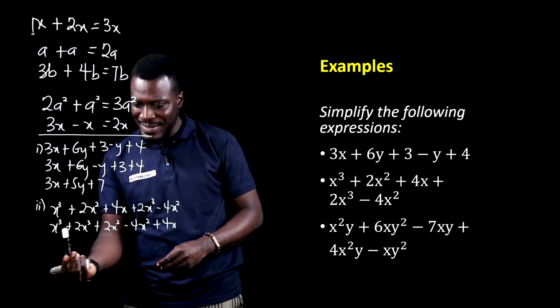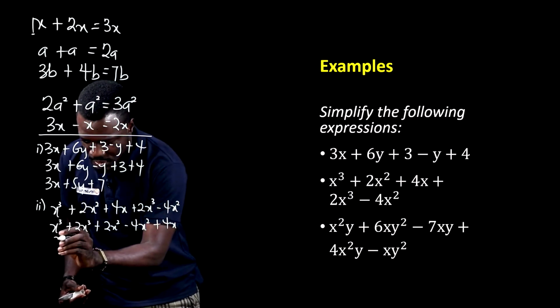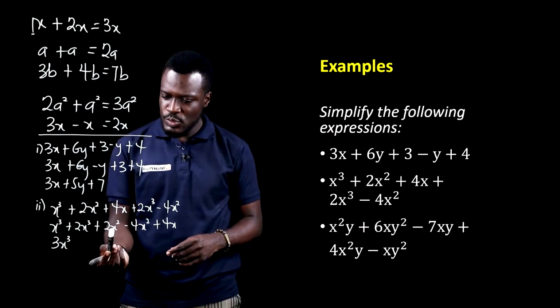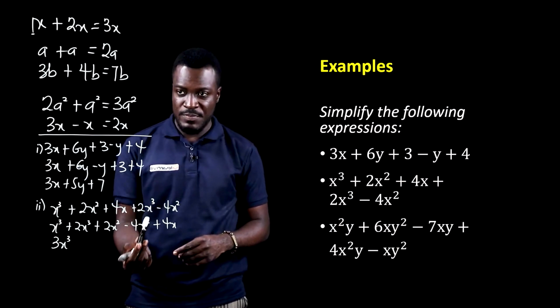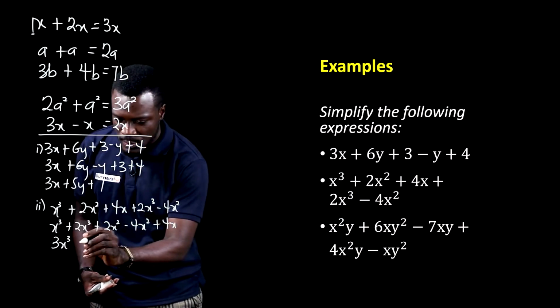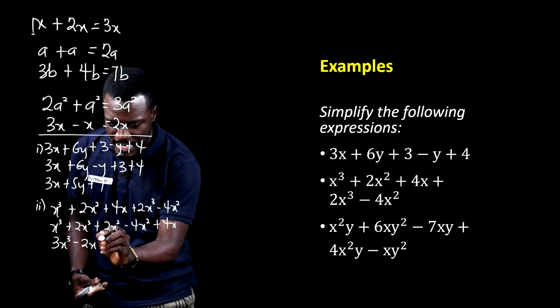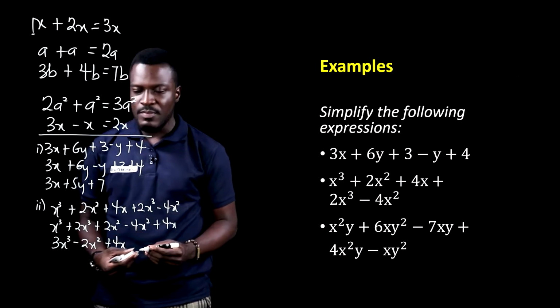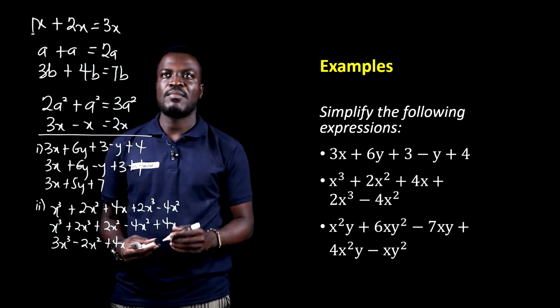This is like 1 plus 2. It is what? 3x cubed. And then 2x squared minus 4x squared. So this is 2 minus 4. Is what? Negative 2. So we have minus 2x squared. And then we add this one. 4x.